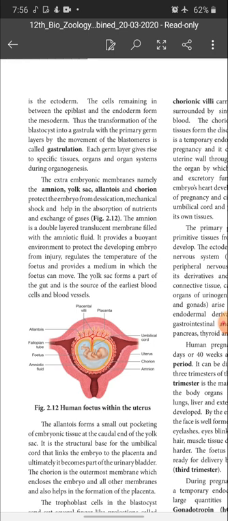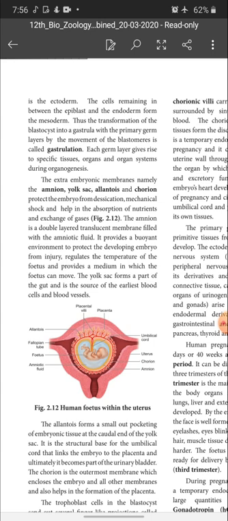Blastocyst, and these cells are transformed into three primary germ layers like ectoderm, endoderm and mesoderm, and this stage is called the gastrula stage, and the process is known as what? Gastrulation. Each germ layer gives rise to specific tissues, organs and organ systems during organogenesis.